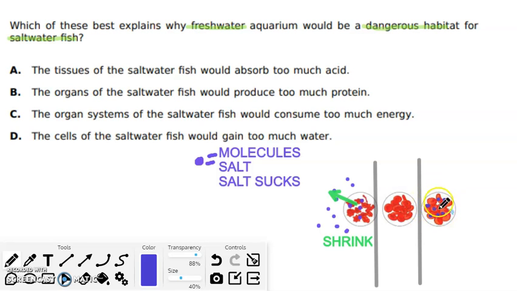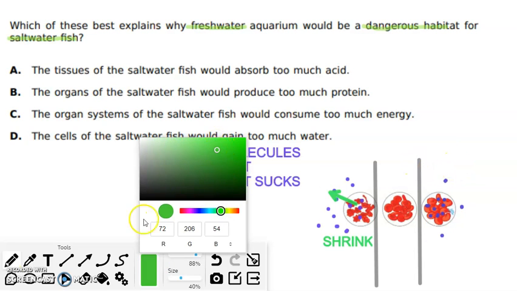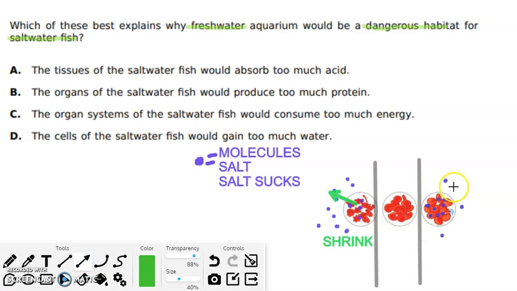I have like 8 salts in here. Versus, let's say, 3 salts out here. There are more salts in the inside, and again, salt sucks. So the water is going to be going from the outside to the inside, causing that cell to swell. Swell means gets bigger, okay?